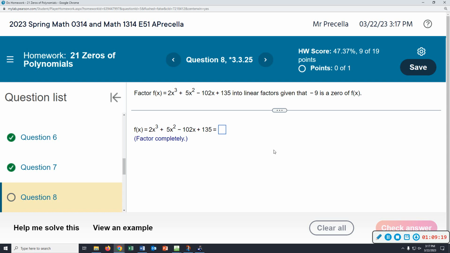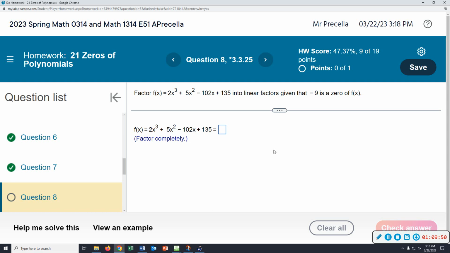Okay. Number 8. Here's the thing we want to factor: f of x equals 2x cubed plus 5x squared minus 102x plus 135.